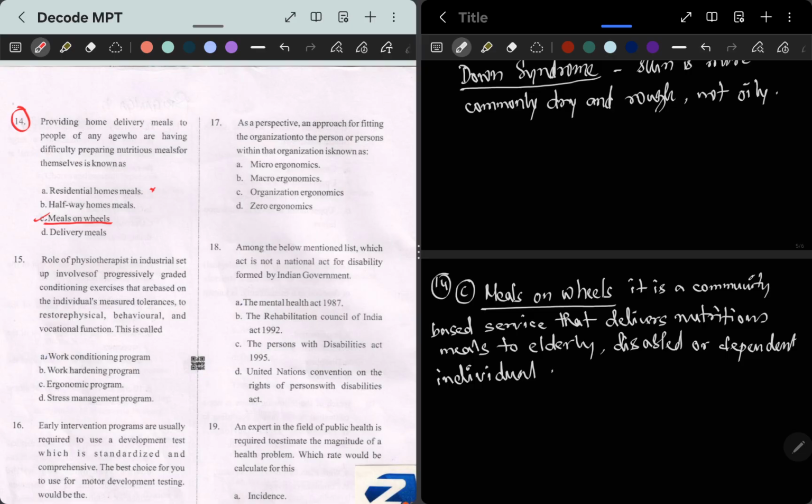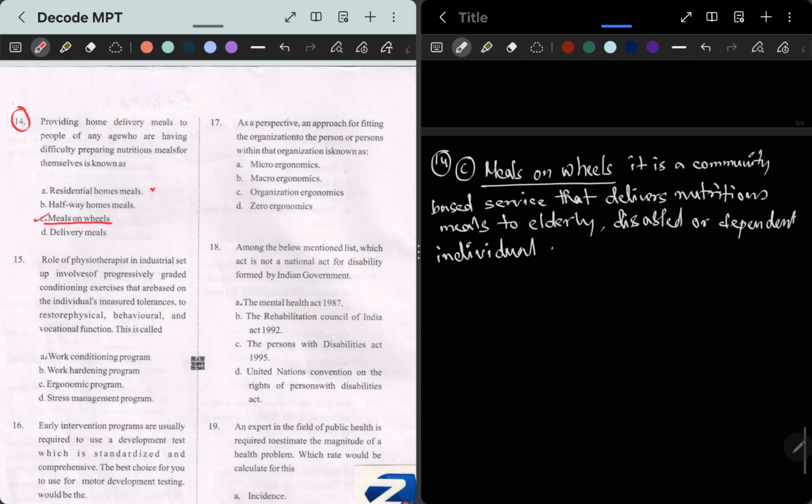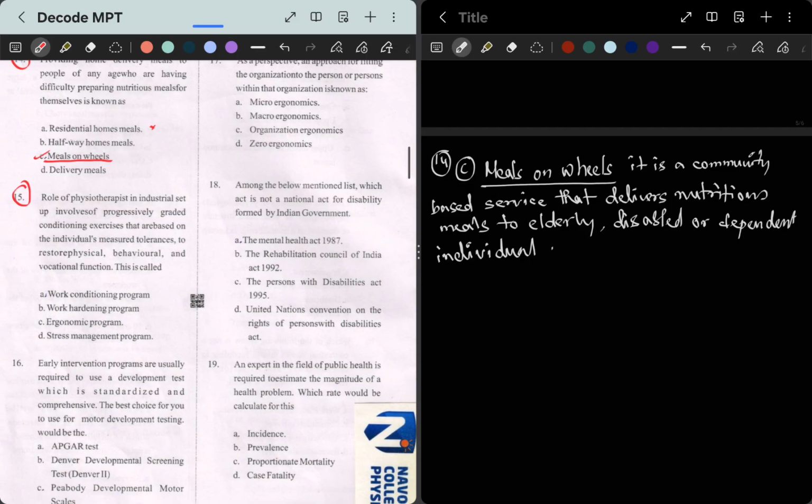Okay, next question is question number 15. The role of physiotherapist in industrial set up involves progressively graded conditioning exercises that are based on the individual measured tolerances to restore physical, behavioral and vocational function.